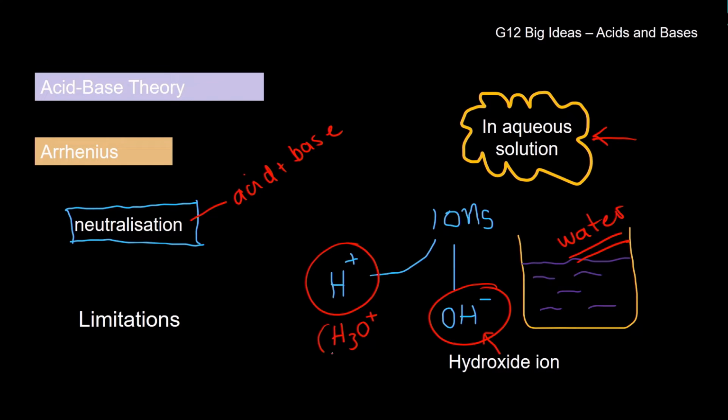So what were his limitations? Well, as I've said, the solvent that he used was water, and so he couldn't explain acids and bases in a different solvent. And the other thing that he couldn't explain was substances that are bases that don't produce this hydroxide ion, and so there were definite limitations to his theory.